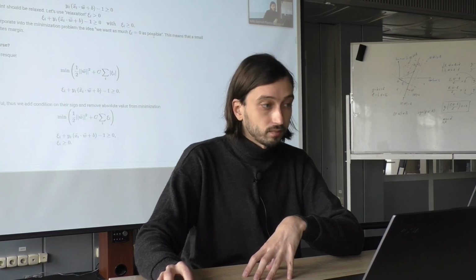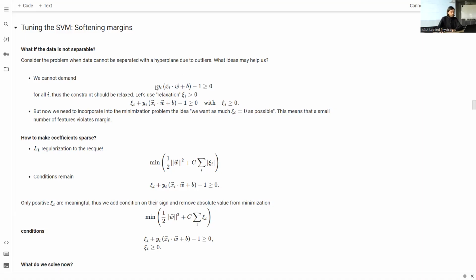What should I do? Now I cannot demand these sort of conditions that I had previously. I can't do that. Why? Because some points violate this condition. What can I do to relax this condition, to make it still true for all points?